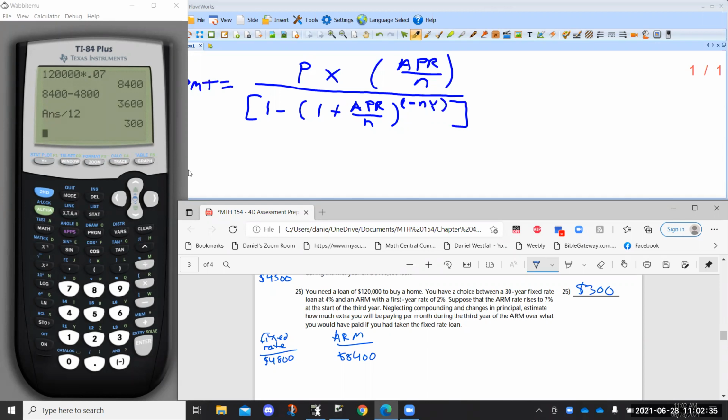So go ahead and make sure that you have your TI 83 or TI 84. If you don't have one, you can buy one from the bookstore.